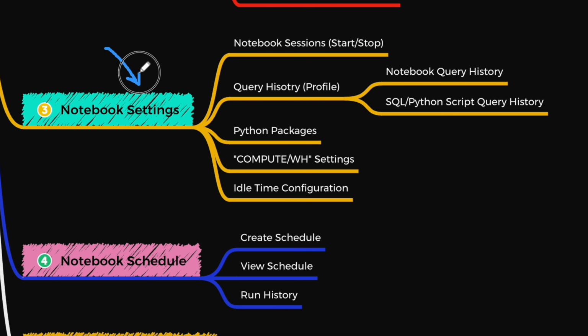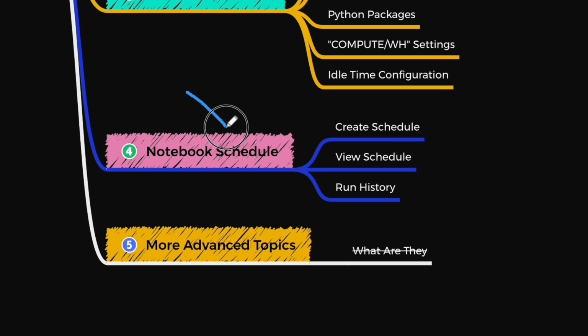Then we will explore the notebook session, including how to start and stop them, review the query profile and workload executed by the notebook through different script mechanisms, and adjust the notebook level settings including Python packages. Finally, we will learn how to schedule a notebook and run them based on our definition, explore different scheduling frequencies, and monitor runs and their history.